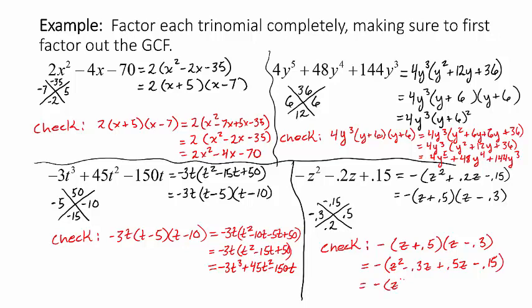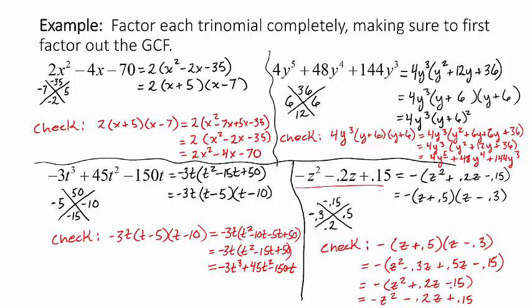I'm going to clean up the middle term there: negative 0.3 plus 0.5 is plus 0.2z, minus 0.15. Distribute the negative through, so I have negative z squared minus 0.2z plus 0.15. And this is what we started with. This was our original statement.